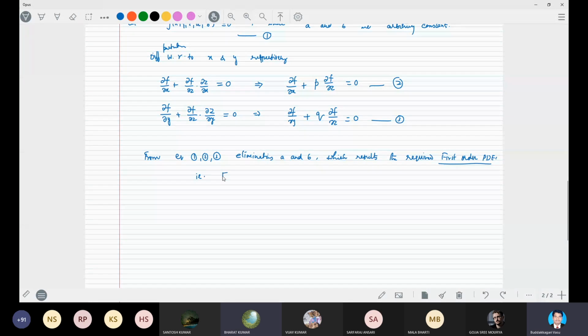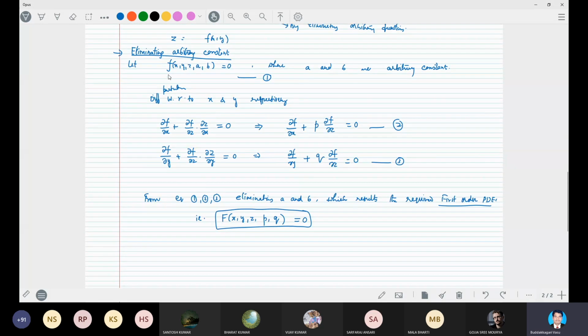Exactly. That will be, we can write it f(x, y, z, p, q) = 0. This will be the resultant PDE. This is a given differential equation which involves the constants a and b. These arbitrary constants can be eliminated by differentiating with respect to x and y.